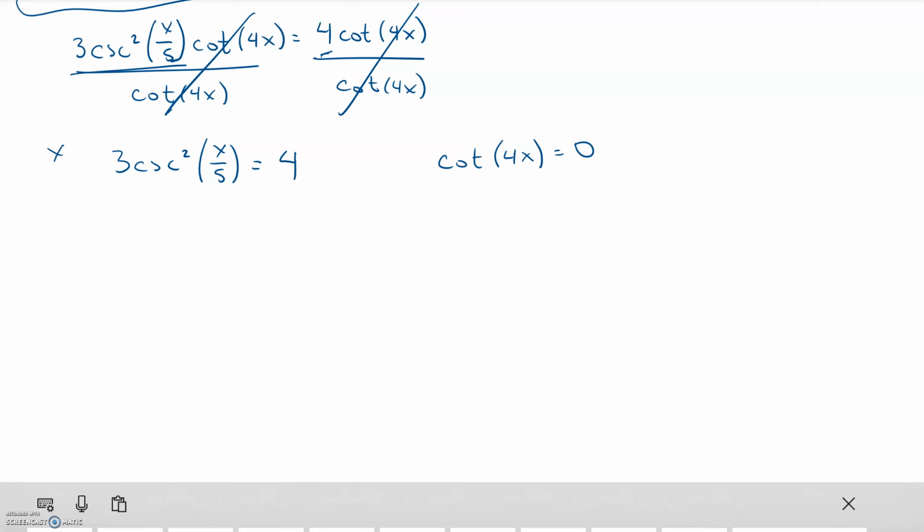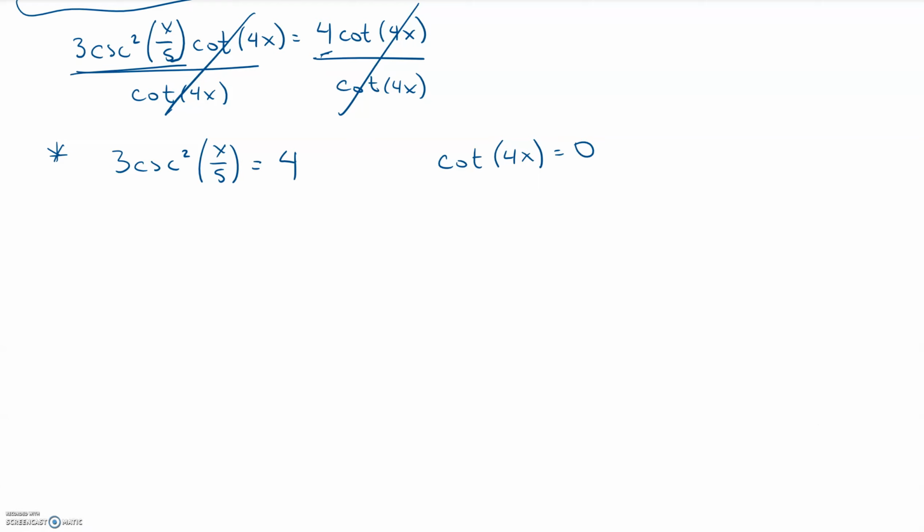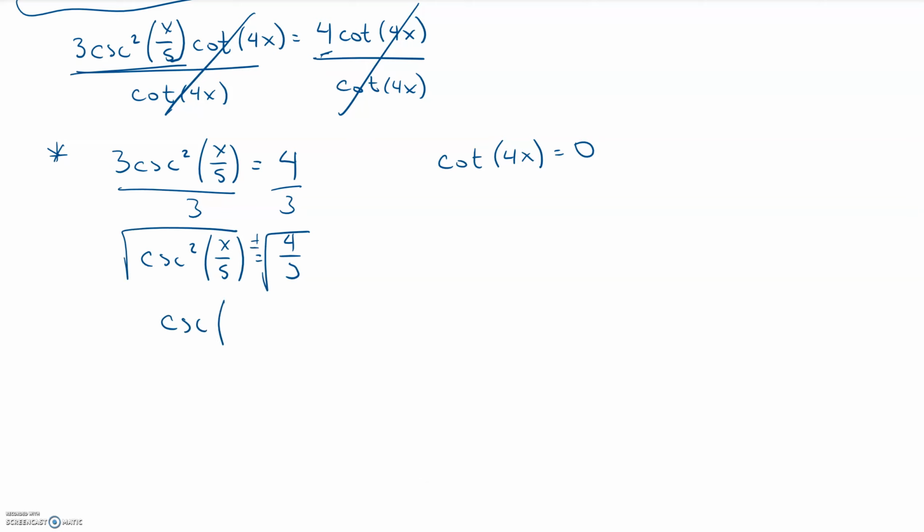So on the left-hand side here, I'm going to divide by 3. I get cosecant squared x over 5 equals 4/3. Square root, don't forget your plus or minus. I get cosecant x over 5 equals plus or minus 2 over rad 3.